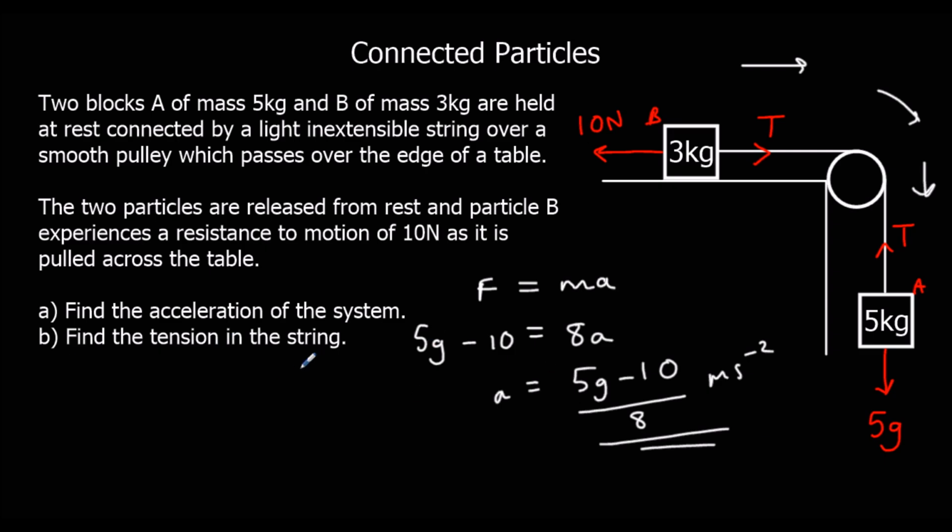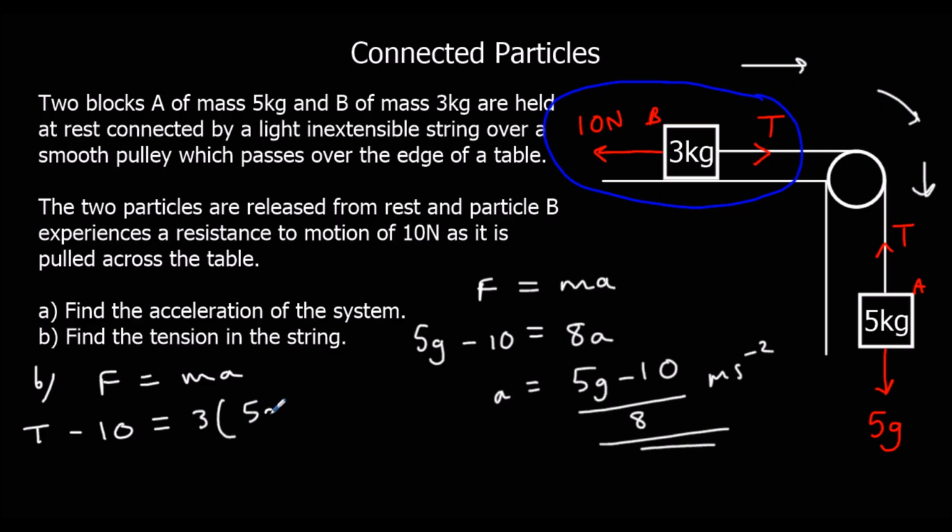Find the tension in the string. So we're just going to look at one of these. So let's look at this particle. So again, F equals ma. The force going with the motion is T. The force opposing the motion is 10. And that equals m, which is 3, times a, which is 5g minus 10 over 8.